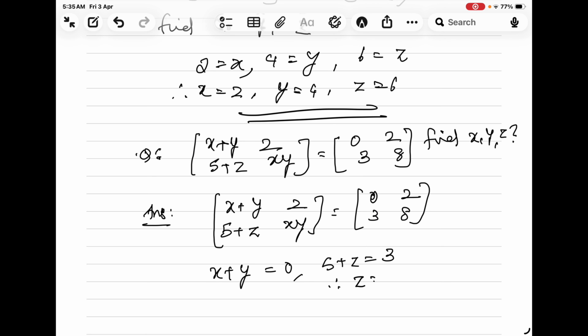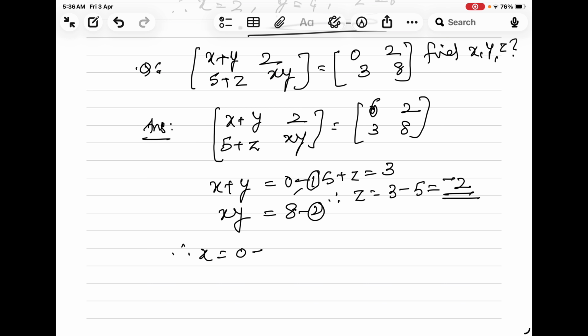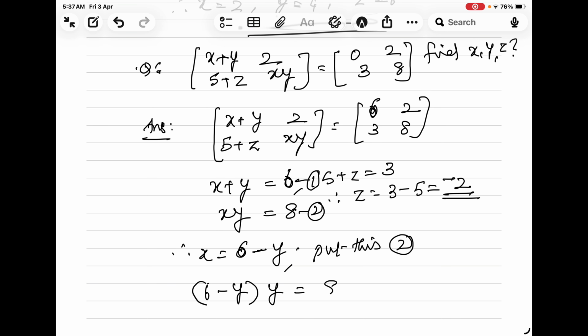Therefore Z equal to 3 minus 5, which is equal to negative 2. XY equal to 8. X plus Y equal to 6. So X equal to 6 minus Y. Put this in, so we get 6 minus Y into Y equal to 8.